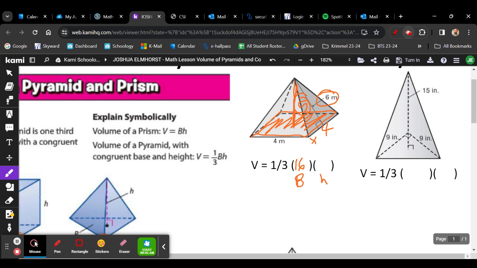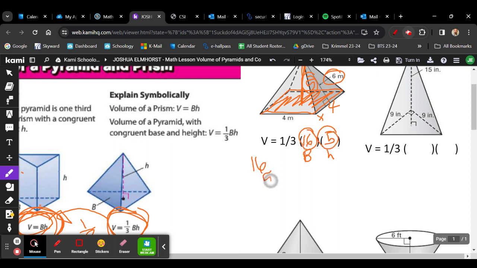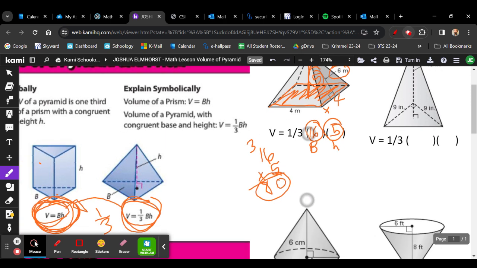We're just going to estimate that. So if the height is 5, then we can find the volume. We got 16 times 5, which is going to get us 80, and then we're going to multiply by 1/3.